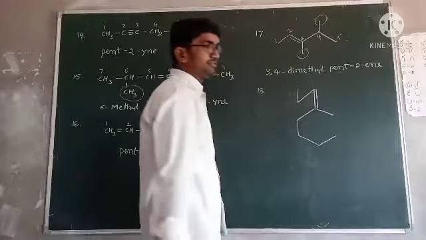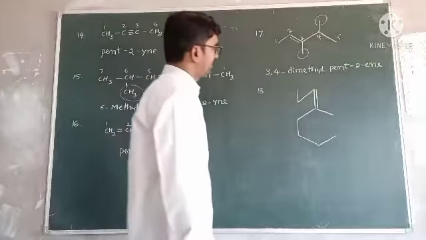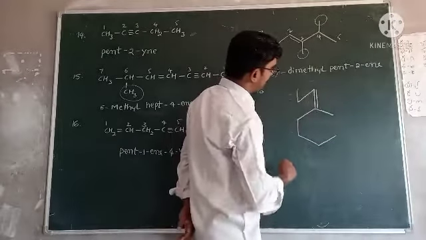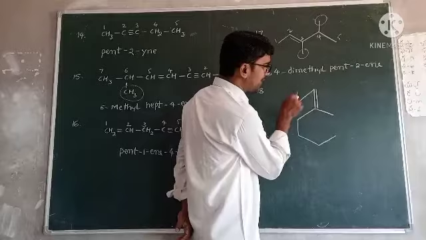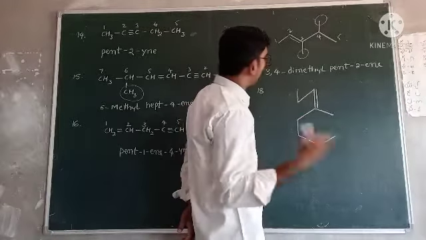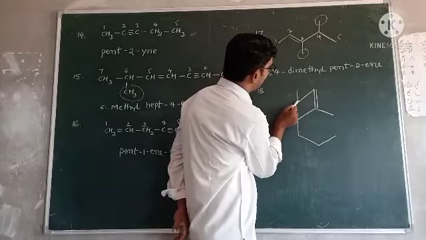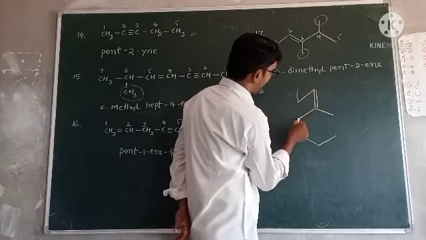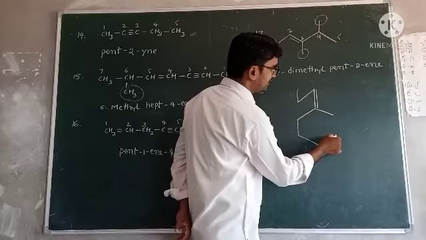Now come to the 18th one. Of course, here also no functional groups, only multiple bond is present. Based on multiple bond, give the numbering and also identify the long chain with multiple bond. So 1, 2, 3, 4, 5, 6, 7, 8. This is the long chain.